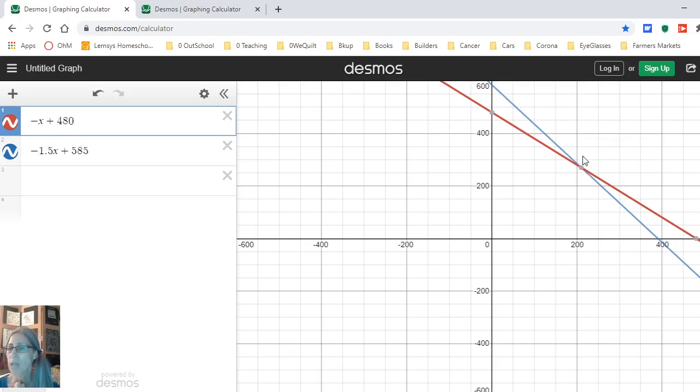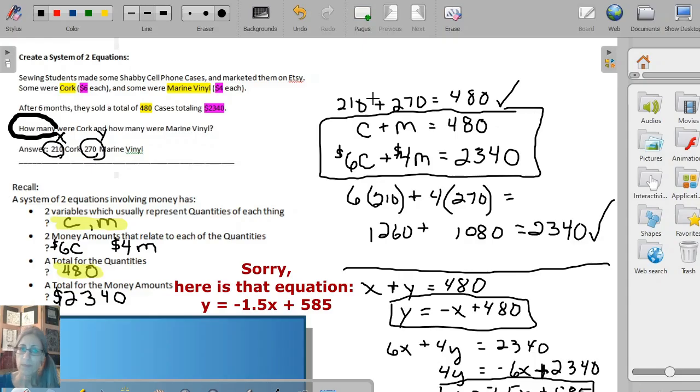The rest of this line, yes, there are points here, and if I clicked here, that point, yeah, I guess they could have sold this much, but these two amounts don't add up to what we needed, 74 and 484. Our total is supposed to be 480, and 74 plus 484 is 558.